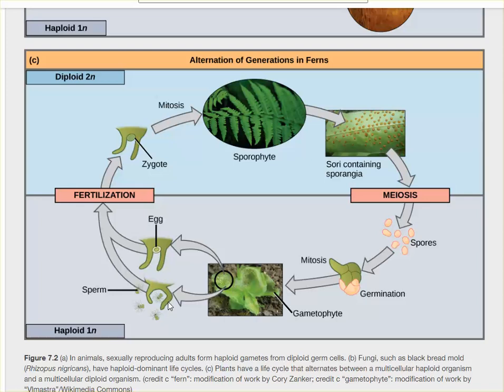So I don't want you to be concerned about the details of these different life cycles, alternation of generations and the haploid dominant life cycle. I just want you to see the importance of balancing fertilization, the fusion of the haploid cells from two different organisms, and meiosis, the creation of haploid cells, in all sexual life cycles.